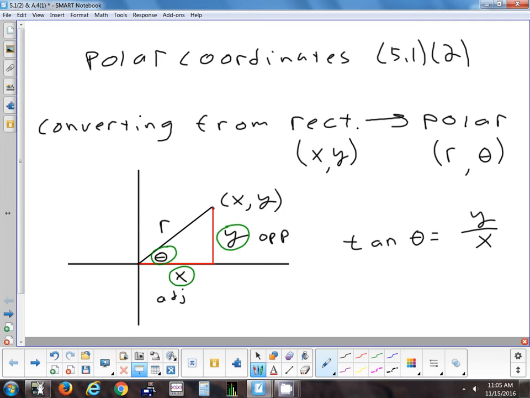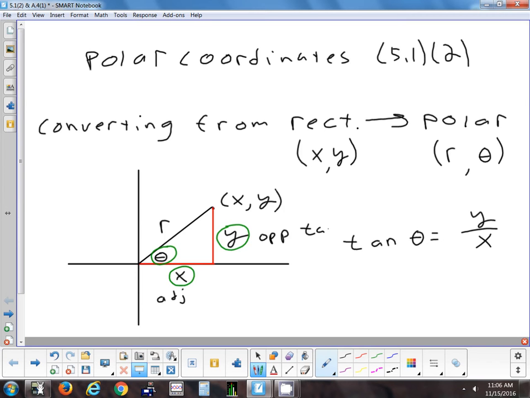Now my goal isn't really to know the tangent of my angle. I really want just my angle. So something I could do on both sides to cancel out tangent and just be left with the angle. What could I do on both sides here? Multiply each side by the inverse tangent. All right, so you want to do inverse tangent. We just can't multiply, because multiplying we can only do with numbers. This is a function.